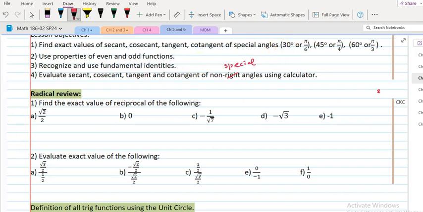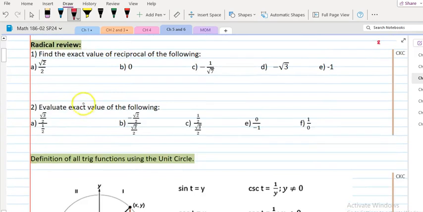Okay, to begin with, we want to introduce something called radical review. In particular, reciprocal, because some of the functions that we introduce are reciprocals of the sine and cosine functions. So very often we have to take the reciprocal of a function value. So for example, what is the reciprocal of root 2 over 2?